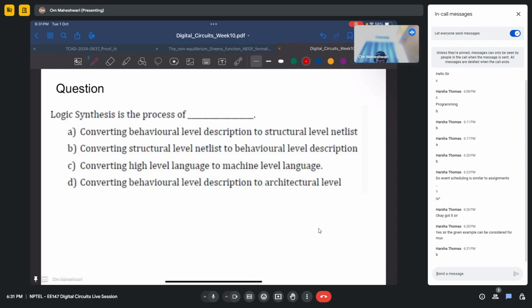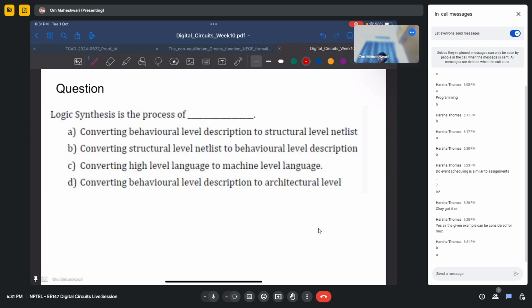What is logic synthesis? Logic synthesis is the process of converting a behavior level description to a structural level netlist.